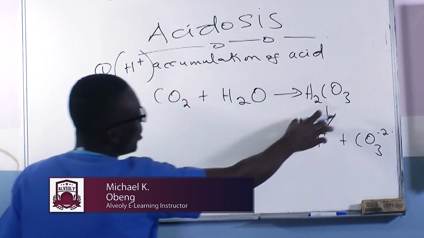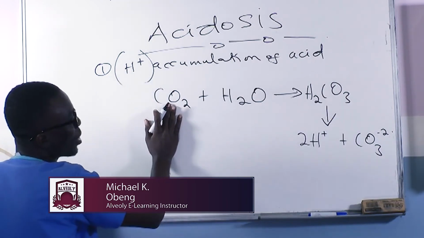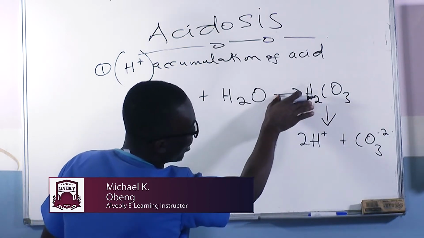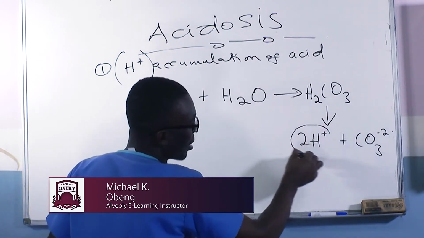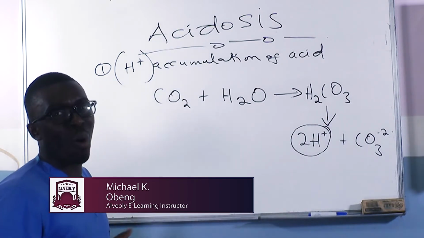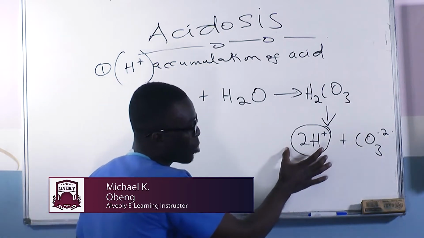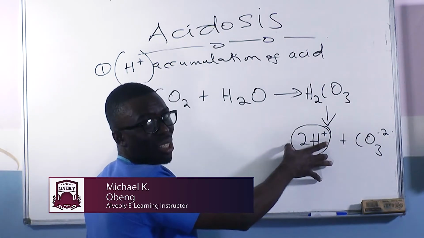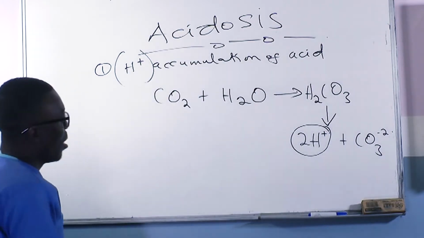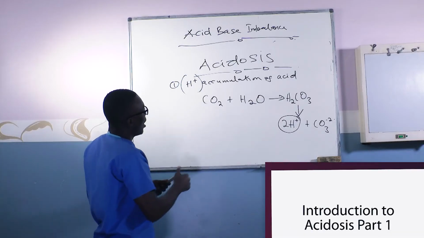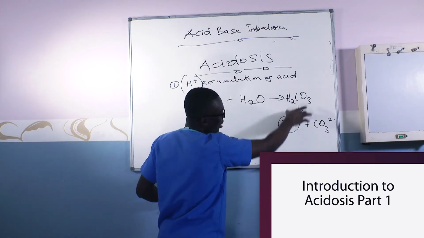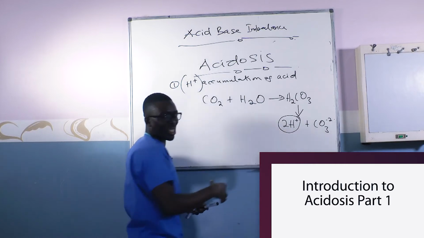Okay, so from here, you realize that anytime carbon dioxide combines with water, you are going to have this. Then this one breaks down for us to have our hydrogen ions. Then we are saying that for the blood to become more acidic, it is as a result of excessive accumulation of these hydrogen ions. And that is what leads to what? Acidosis. But here, you realize that the higher the carbon dioxide, the more this one will be formed, then the more your blood becomes acidic.